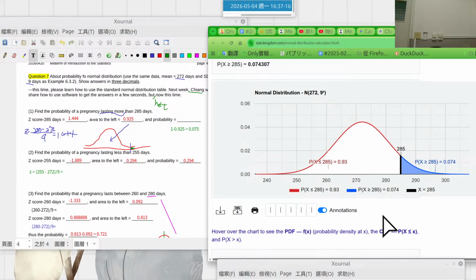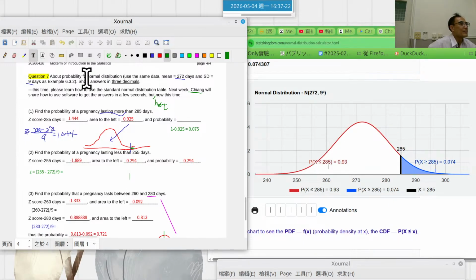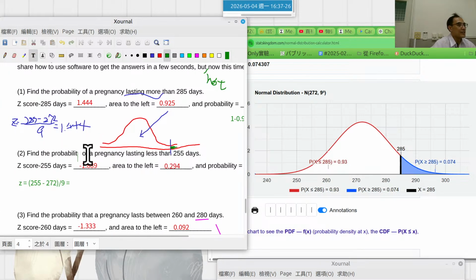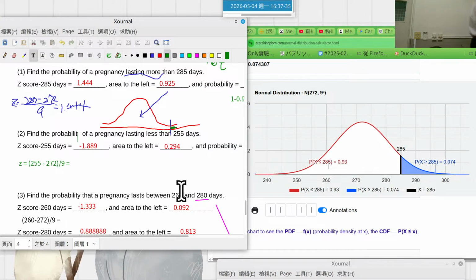Is okay? Then the second question, find the probability of pregnancy lasting less than 255 days. What does it mean? Try to find the area to the left, because to the left it means the pregnancy days are shorter than the average.